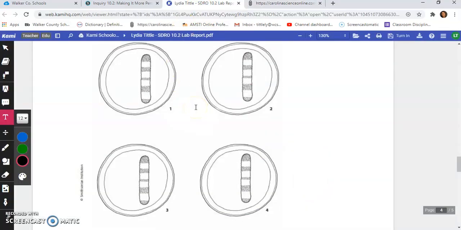Okay, so if you spin or toss your coins and you get a 1, then you would write your chromosomes in this example of this egg cell here. A fertilized egg is what it would represent. If you land a number 2, you would put that in this box. If you land a 3, you would put those traits in this circle.